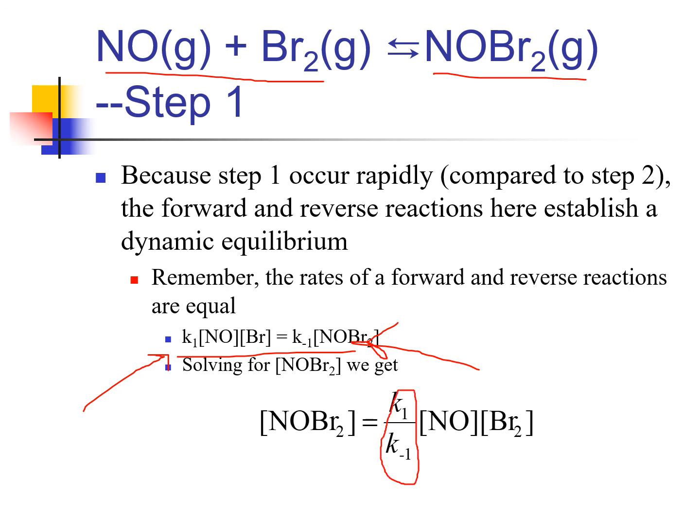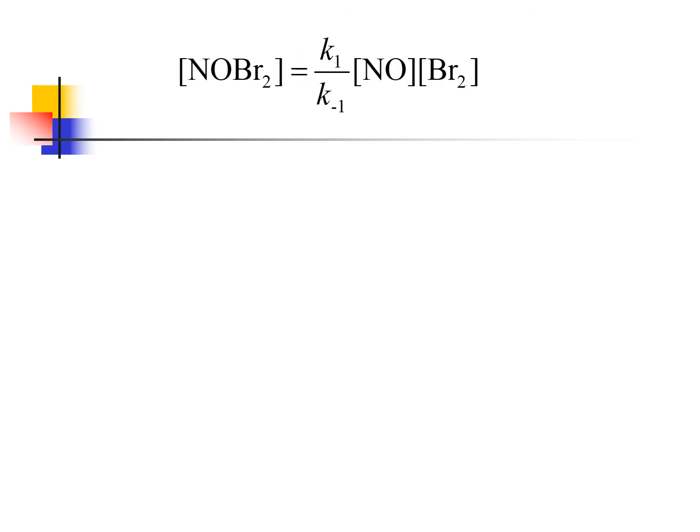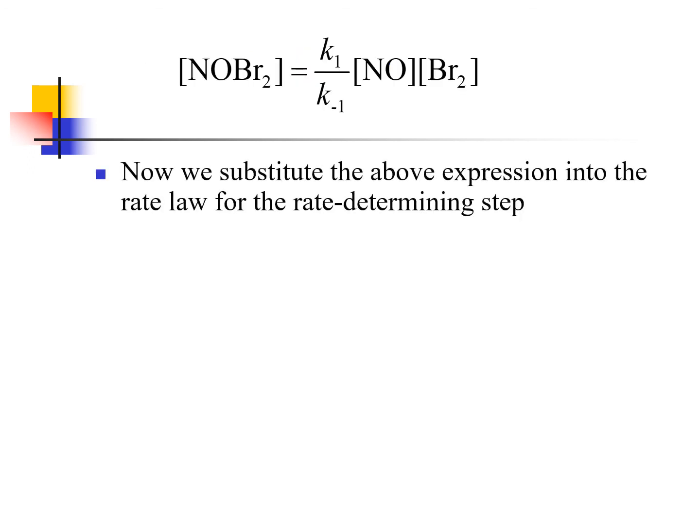Rate constant for one direction, the forward, over the rate constant for the reverse. But it's a constant over a constant. And if I divide a constant by a constant, what do I get? You get a new constant. The actual 1 and -1 doesn't matter. It's just a constant. So we can now plug that into the rate law because we're saying NOBr2 equals this mess there.